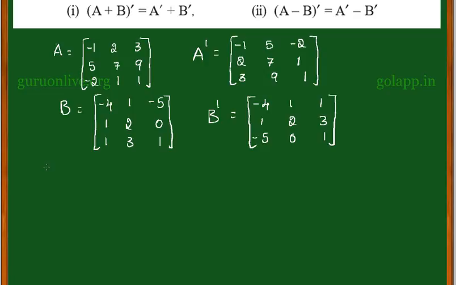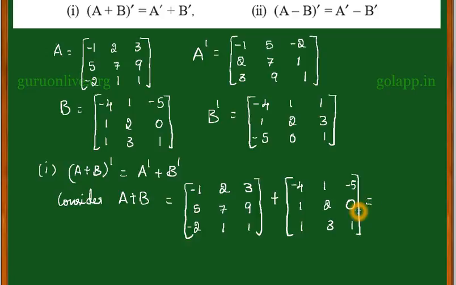So your first sub question is (A + B) whole transpose is equal to A transpose plus B transpose. So let me consider first A plus B. So add two matrices. Both are 3 cross 3 matrices, we can add the corresponding elements.